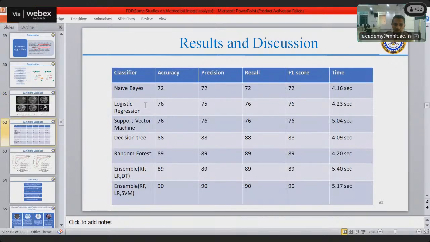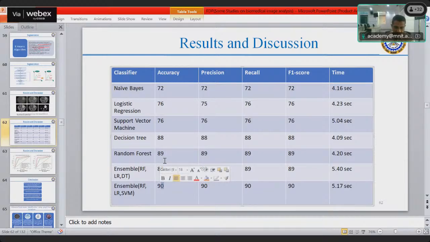This is what you can see when you use an ensemble of three machine classifiers: random forest, logistic regression, and DT, a decision tree. When we show it, the accuracy has gone up to the 89 level, which is the maximum.